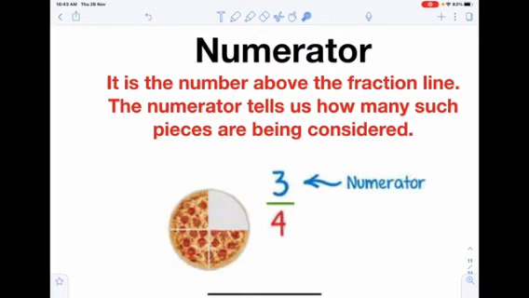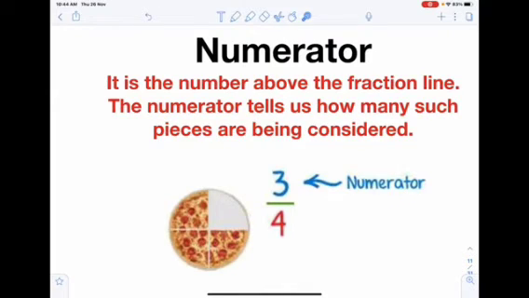So this is represented as 3 divided by 4. 4 is the total number of pieces that the whole thing can be divided into, and 3 is the number of pieces that are considered. That is called the numerator. Understood? It is the number above the fraction line, and it tells us how many pieces are to be considered.